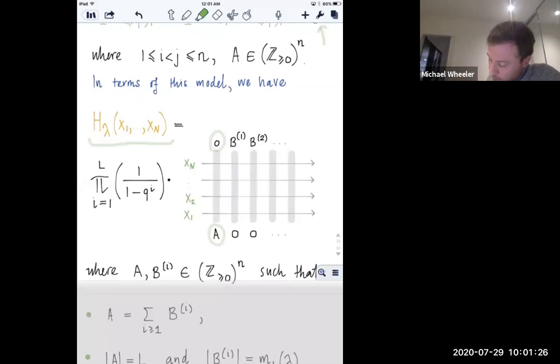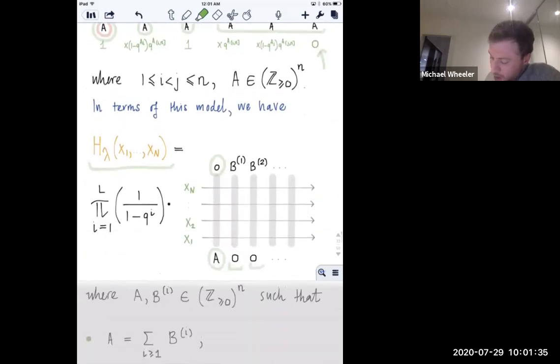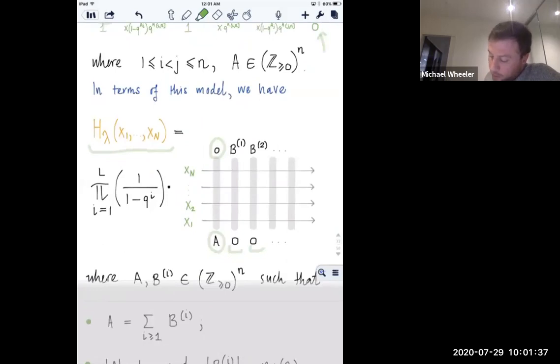So these things here are vectors in exactly the same way as up here I have vectors. All right, so the claim is I am going to take, at the base of this column here, a vector A. And at the top of the first column, I'll take vector B1, here vector B2, etc., etc.